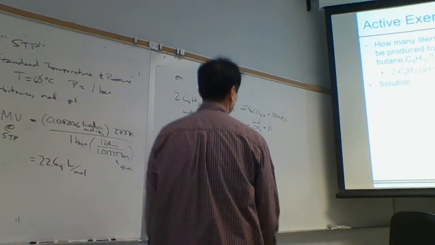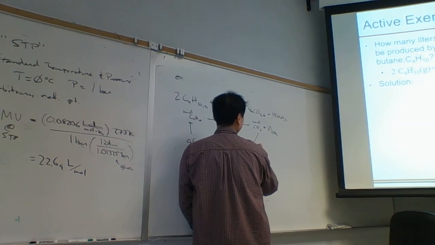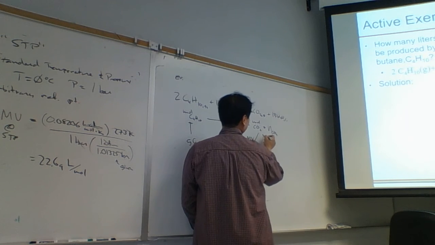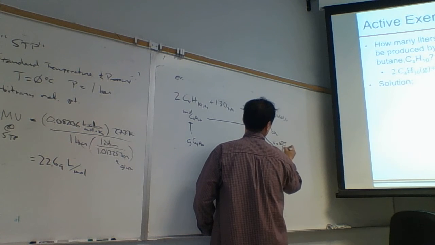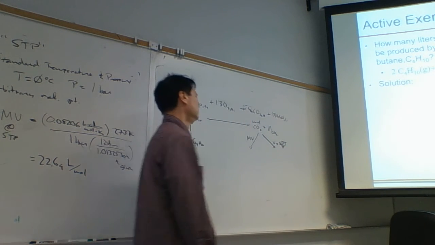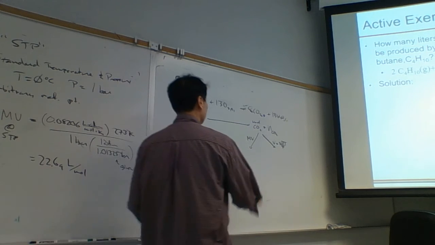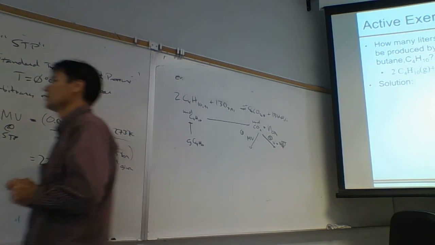So I have 2 options here to go to volume. One option is using the molar volume. The other option is to use V equals nRT over P. And so we'll do option 1 and option 2 as far as the setups go.